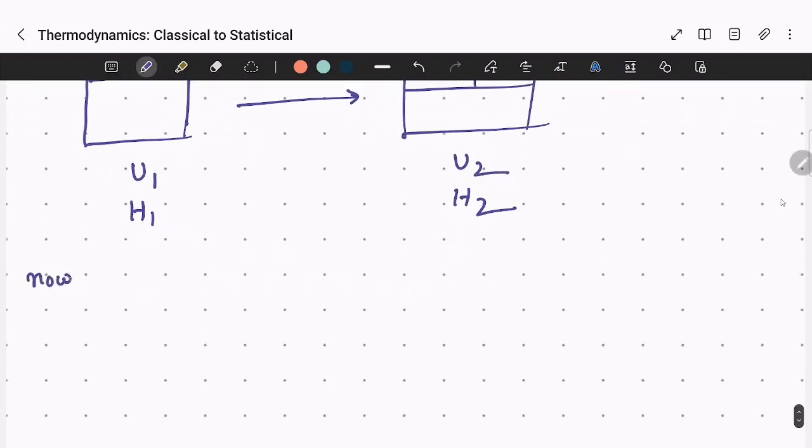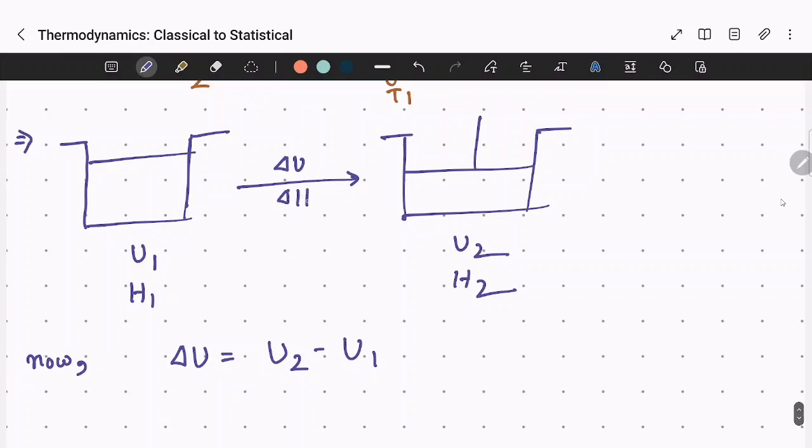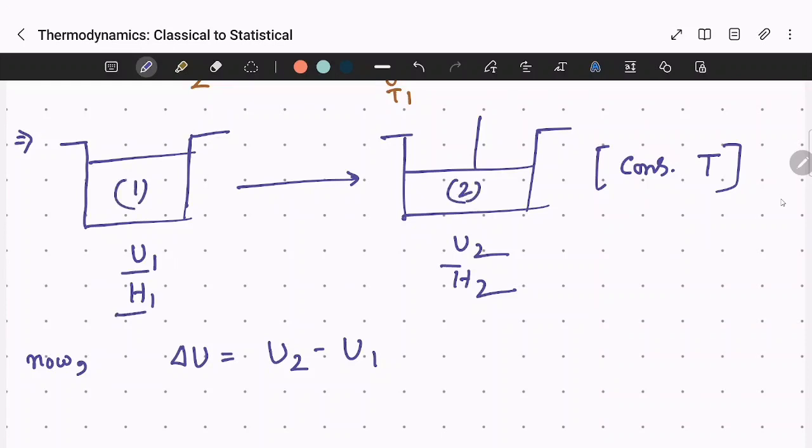So now we can write what is del U. Internal energy change is U2 minus U1. Now this del U and del H, if you change the temperature, let's say a total process is undergoing at a constant temperature T. That means at constant temperature, you are changing state 1 to state 2. That's why internal energy changes from U1 to U2 and enthalpy changes from H1 to H2. Let's say you change this process first at T1 temperature.